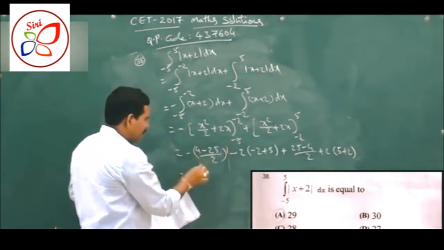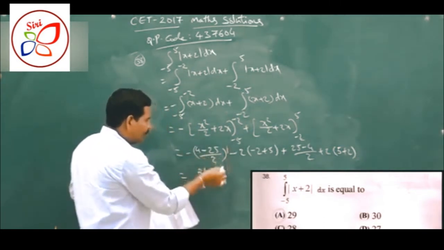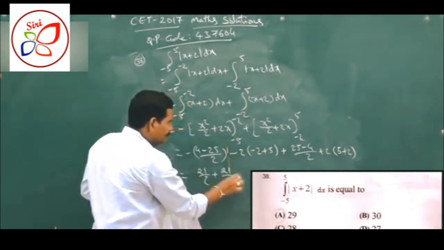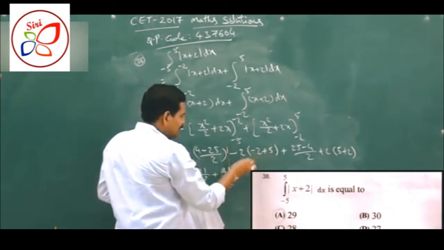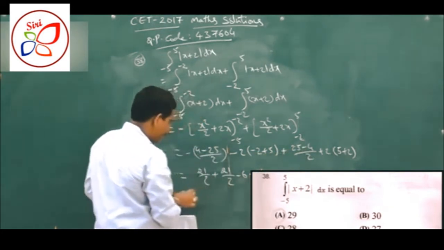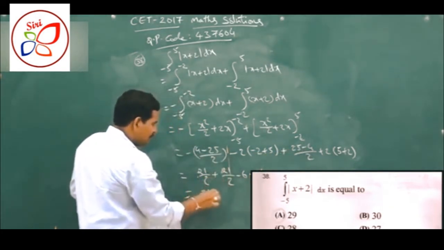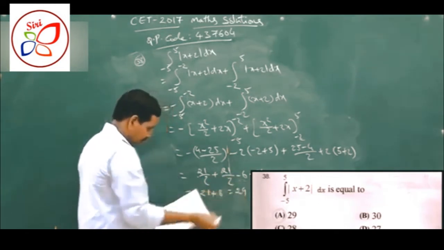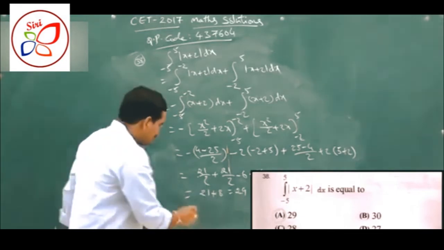So this value is 21 by 2. This also 21 by 2. And this one is minus 6, that is 14. These two become 21. This is 8. So answer 29, which is in the first option A.